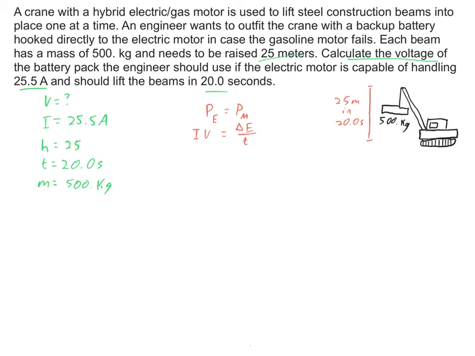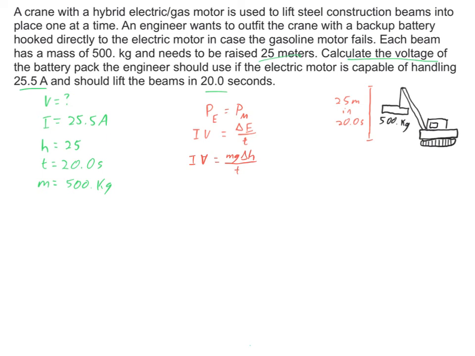If you chose to go at it through the work divided by time method, it would work out to be the exact same thing. But what I realize here is that we are actually increasing the beam's gravitational potential energy. So I'm going to use change in energy divided by time here, and I'm going to change my energy into mg delta h, gravitational potential energy, divided by time.